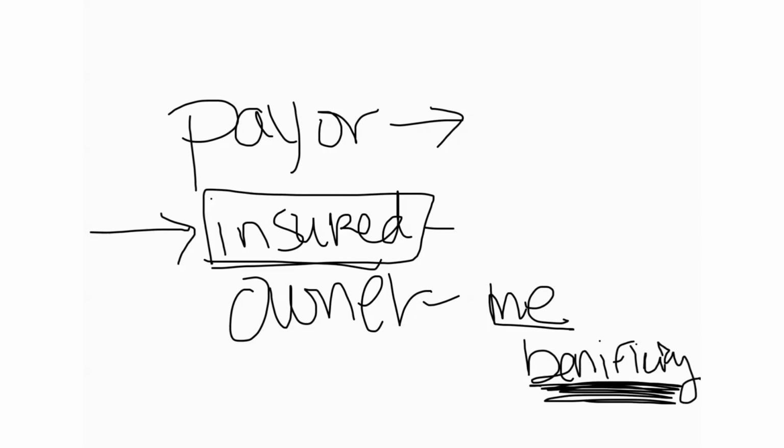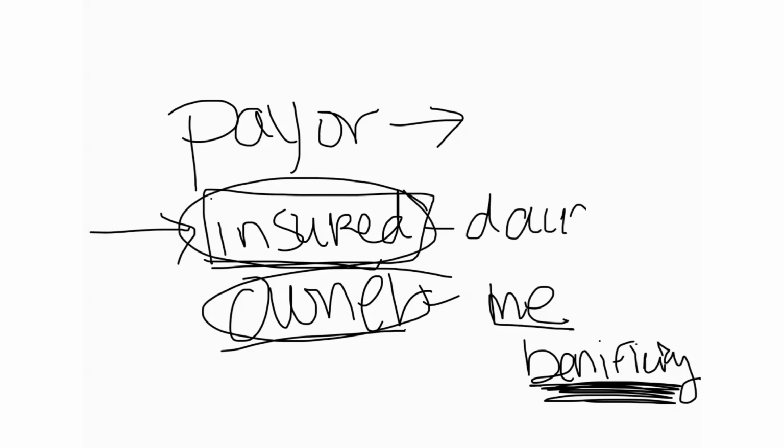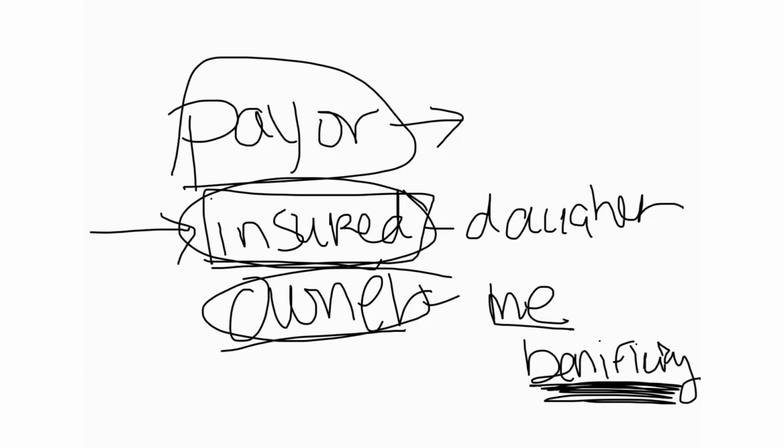So I'm the owner. I'm the one who's the decision maker. I'm the one who bought the policy. My daughter is the insured because it's based on her life. And if she dies, it pays out. The payor is whoever's making the payments right now. So let's say my husband is hooked to his checking account. So my husband is the payor.